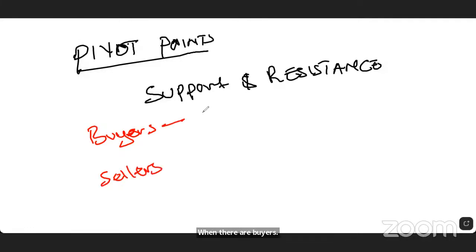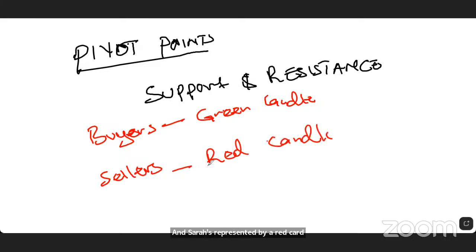And buyers are represented by a green candle. I'm just doing a recap. And sellers are represented by a red candle.